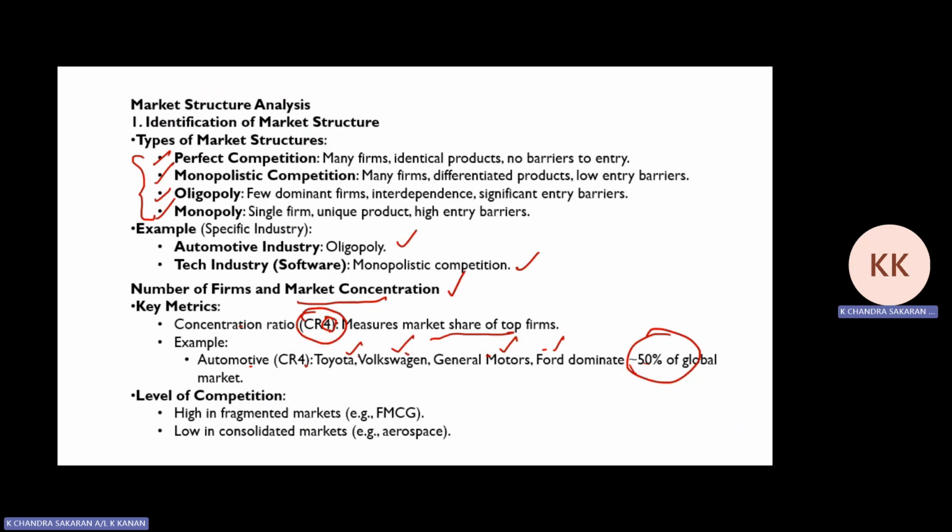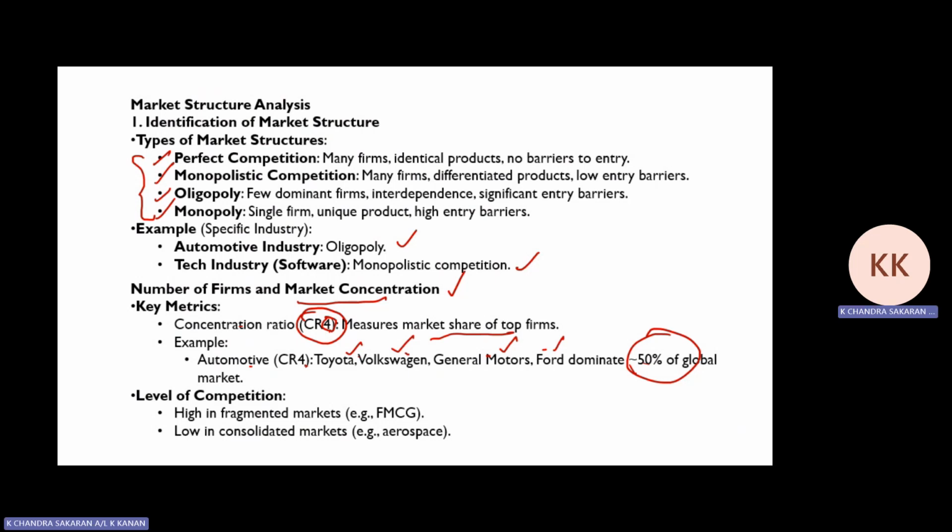Okay, so for example, the hotel industry is very much monopolistic competition. The food and restaurant industry is monopolistic competition. The four largest restaurants in the country control less than 50%.